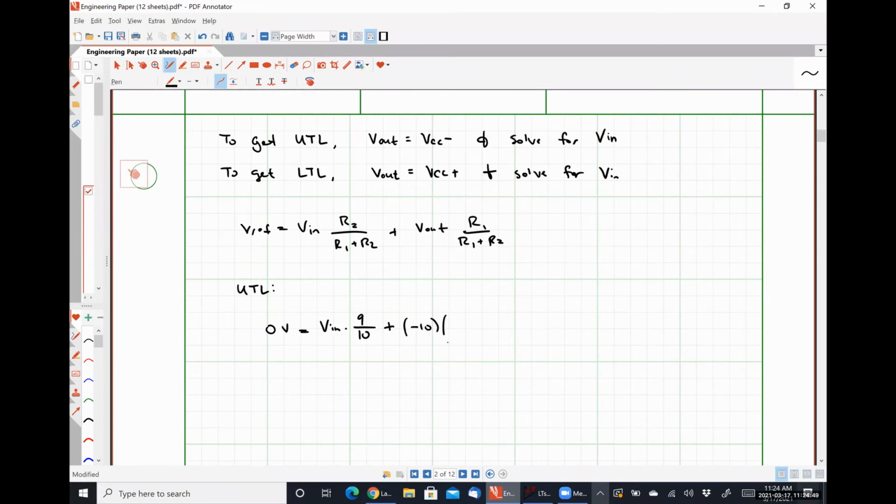And then we have R1 over R1 plus R2, which is 1/10.